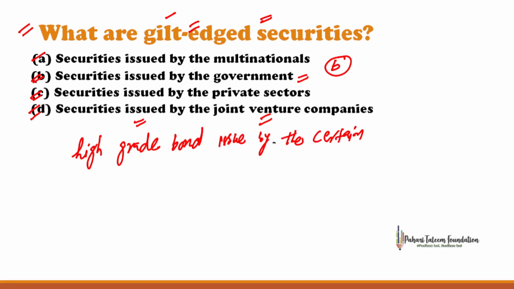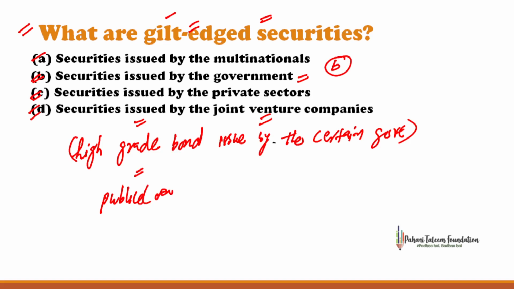So what does government security mean? A government security is a security created and issued by the government for the purpose of raising a public loan, or for any other purposes.